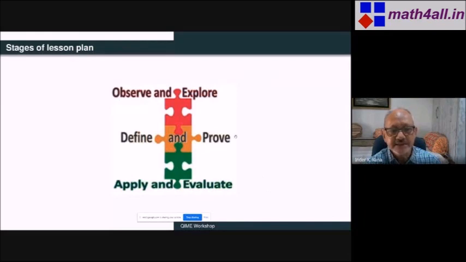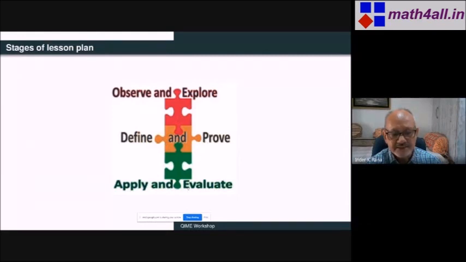Second stage is define and prove, and in that stage you do your actual teaching of curriculum, namely from the chapters, theorems, proofs, definitions and so on. So that is the chunk of the time spent by you in doing this define and prove.